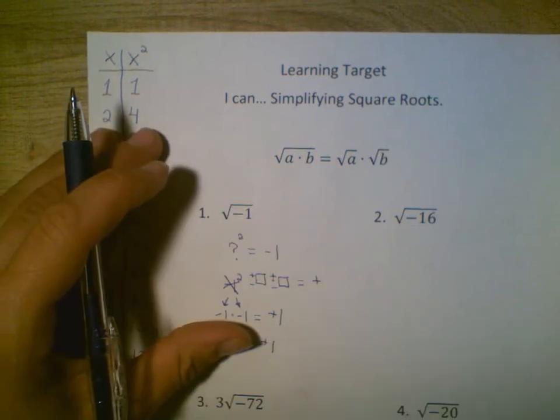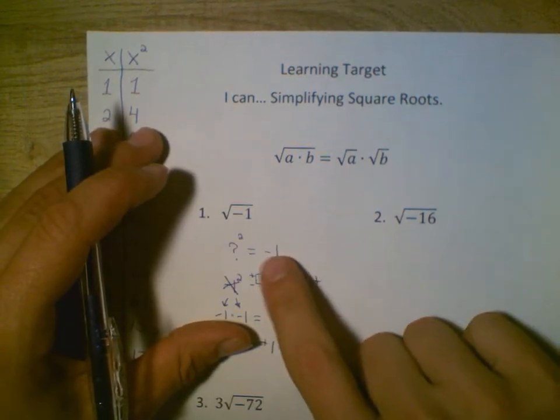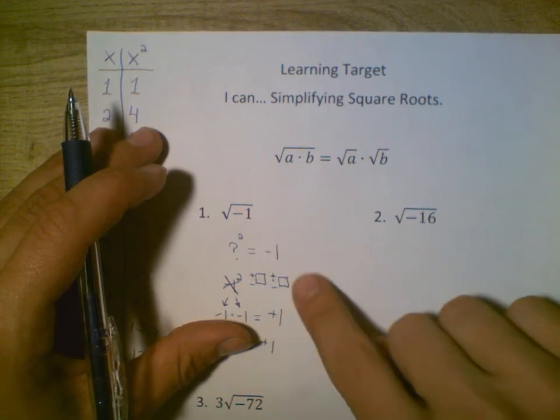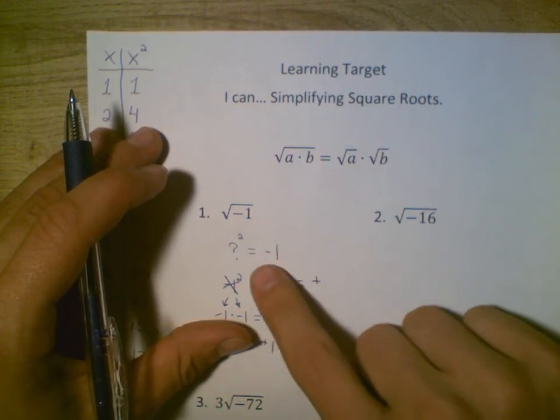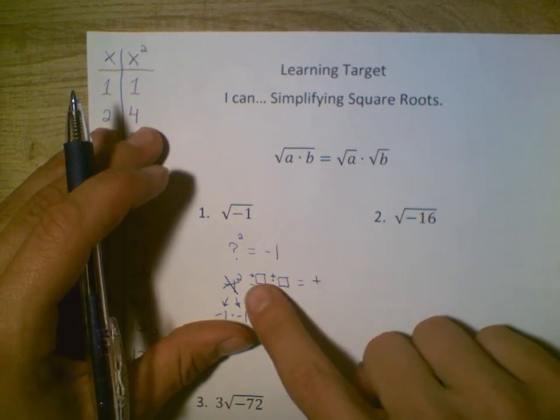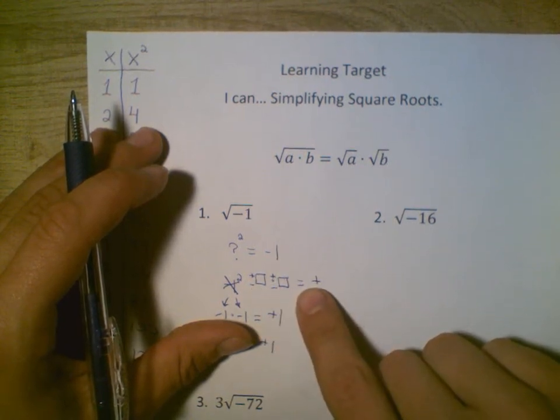So you'll notice that it's impossible to get a negative number underneath the radical. It doesn't rationally work out because a positive times a positive gives a positive, and a negative times a negative gives a positive.